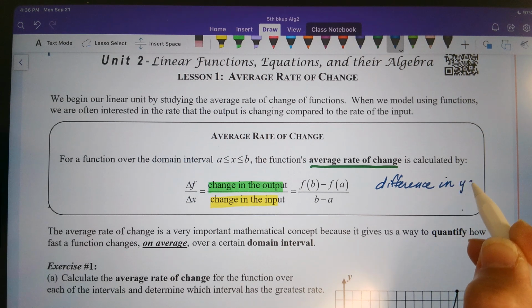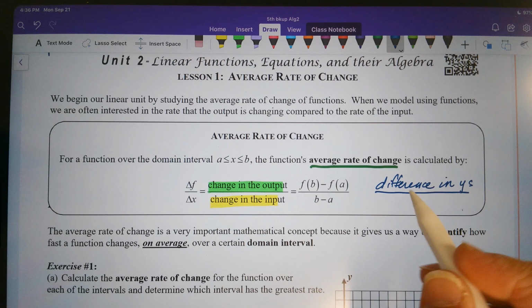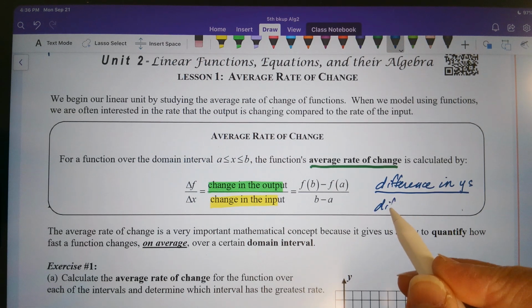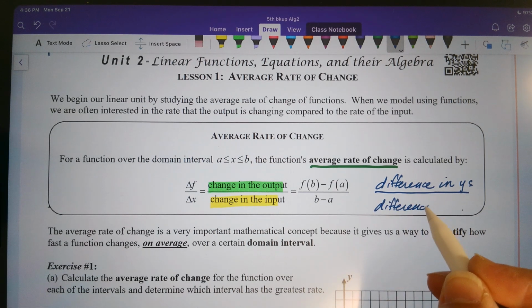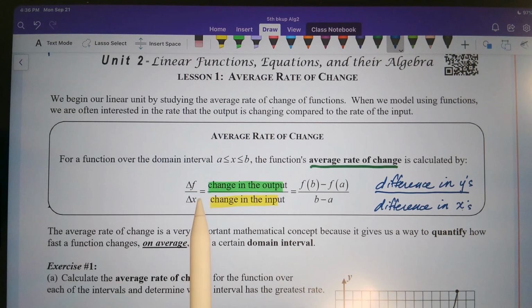in our outputs, our y values, divided by our difference in inputs, or x values. The change in f over the change in x. Change in outputs over change in inputs.